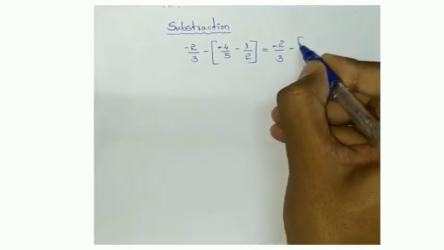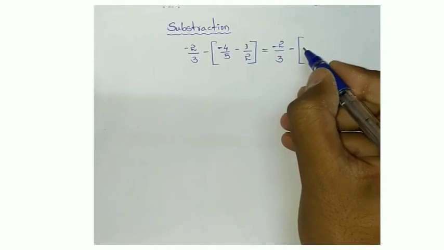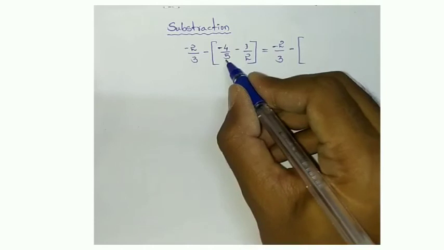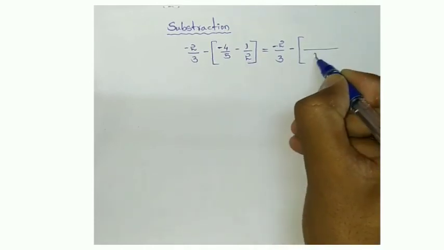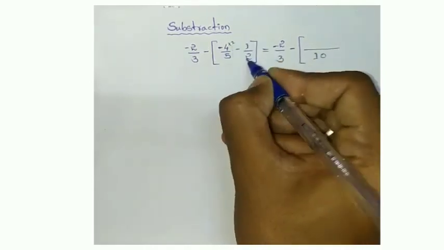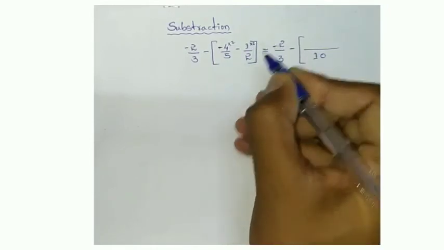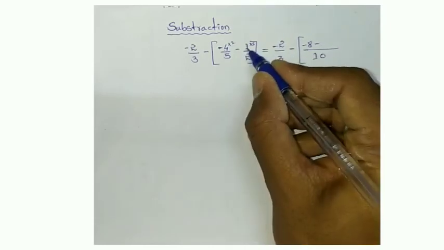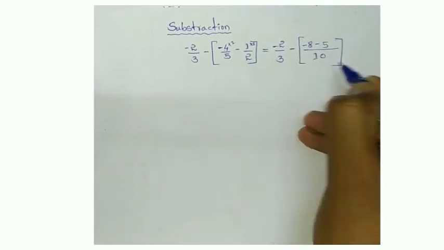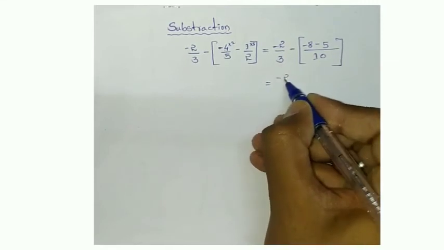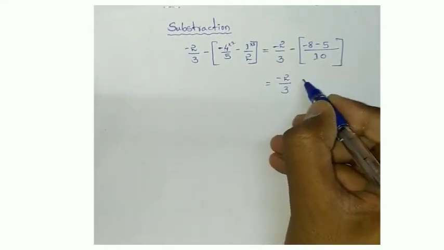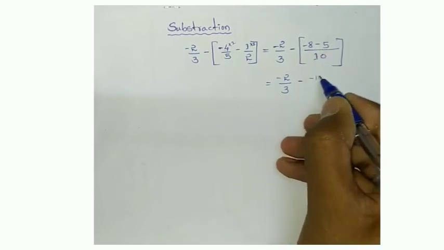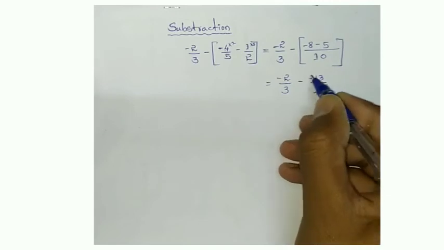Here I will open the square bracket, that is minus 4 by 5, here 1 by 2, 5 and 2, the LCM will be 10. 5 twos are 10, 2 fives are 10. So 4 twos are 8, minus 8 minus 1 five is 5. So minus 2 by 3, again here minus 8 minus 5. So here we will get minus 13 divided by 10.